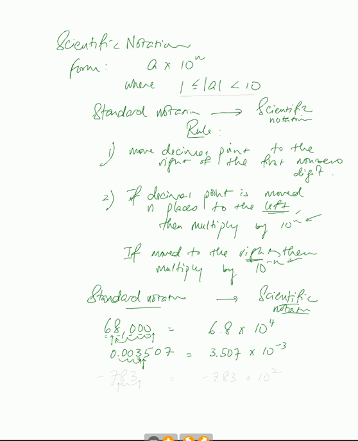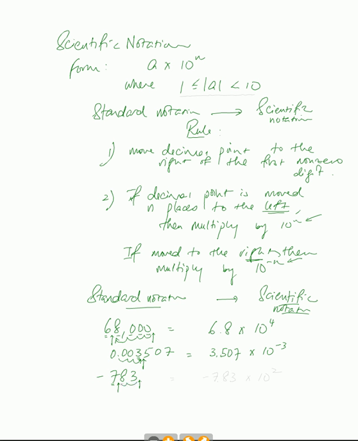Now this applies even to negative numbers. For example, negative 783. You move to the very first non-zero digit, that's the 7, and you need to go to the right of it. Right now your decimal is right behind the 3 because it's a whole number.